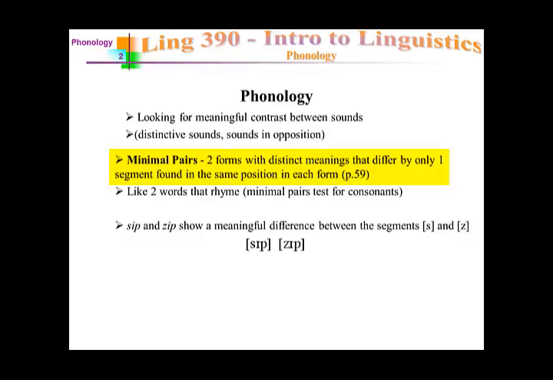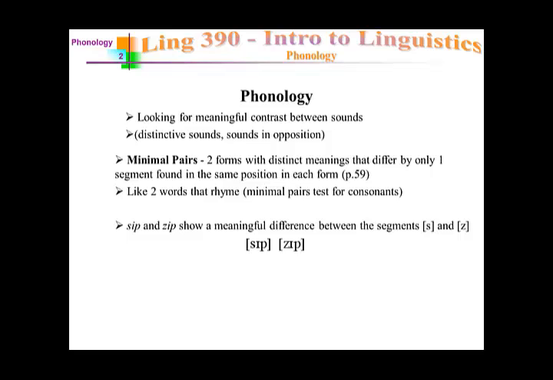A minimal pair is a pair of words that have all of their speech sounds identical except one. Since there's only one speech sound that's different, and the two words mean different things, then we can conclude that the difference between those two speech sounds is what is signaling that difference in meaning. This is what we mean by looking for meaningful contrast between sounds.